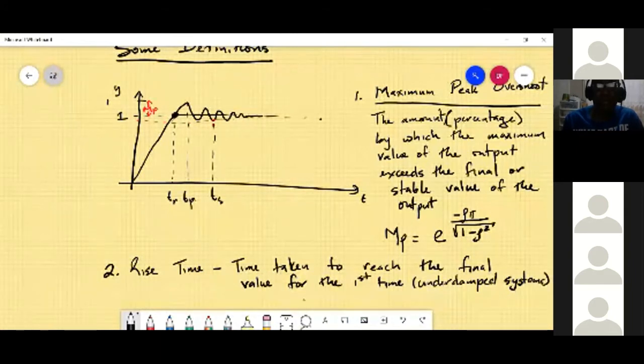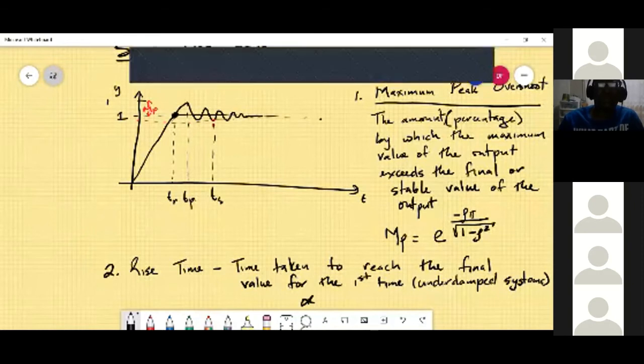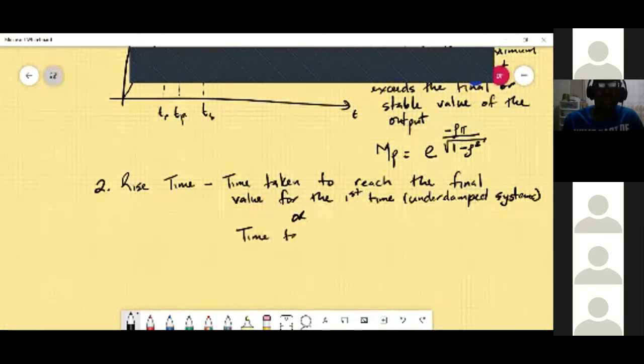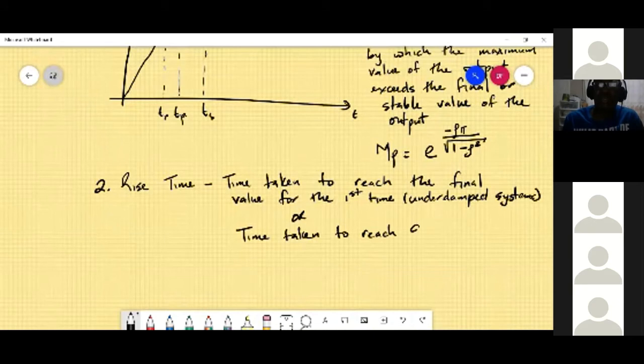Or the time taken to reach 90% of the final value.